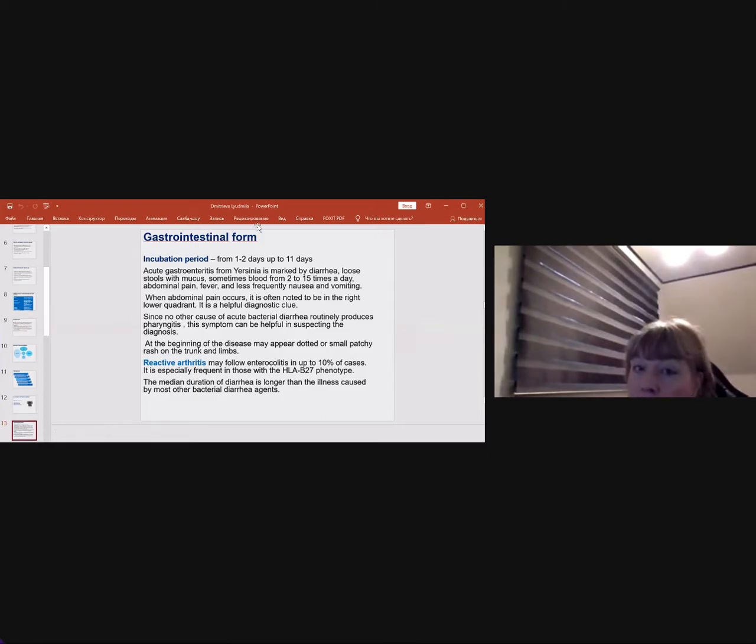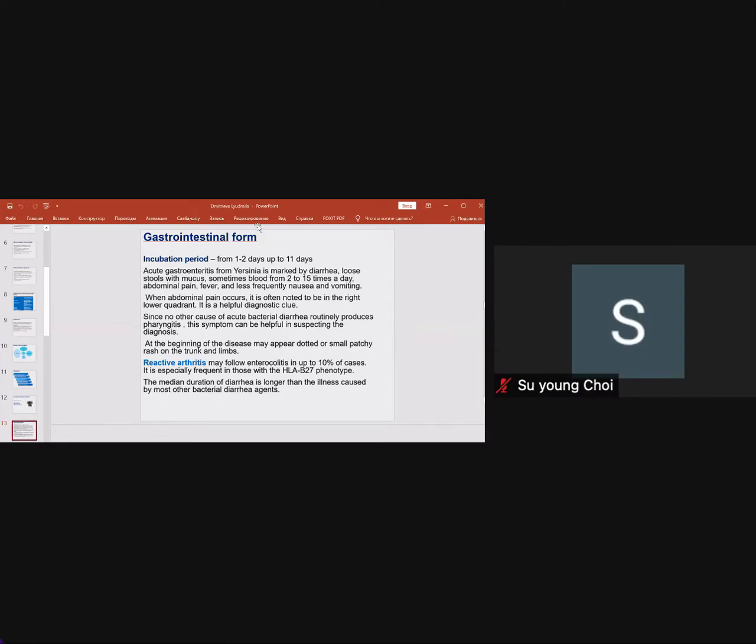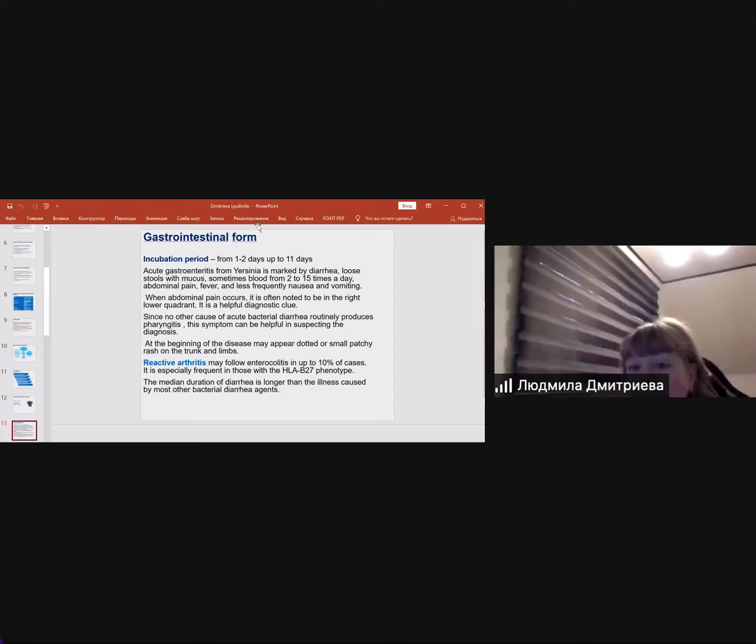The incubation period may be from 1 to 2 days up to 11 days. Acute gastroenteritis from Yersinia is marked by diarrhea, loose stools with mucus, sometimes blood, from 2 to 15 times a day, abdominal pain, fever, and less frequently nausea and vomiting.